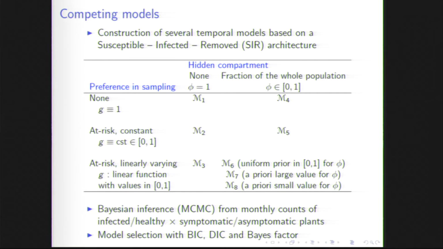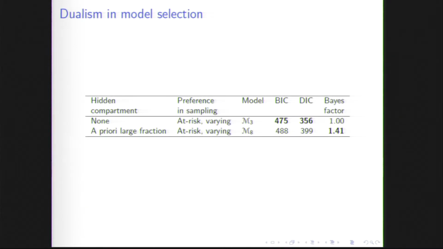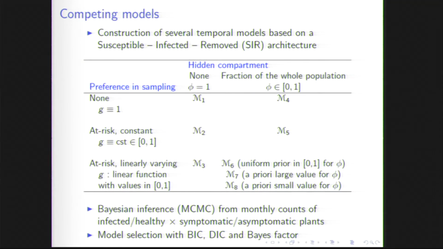And in these models, we concentrated on two specificities. First, the hidden compartment component of the model. In some of the models, there was no hidden compartment, and in other models, there was a fraction of the whole population which was hidden, and this fraction we estimated.